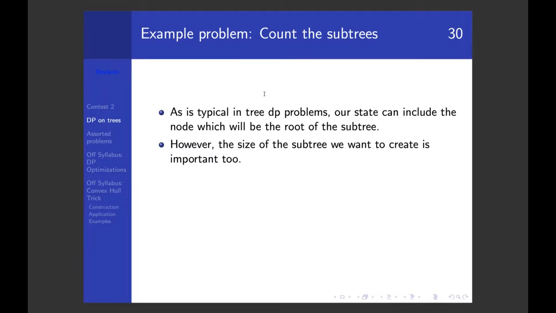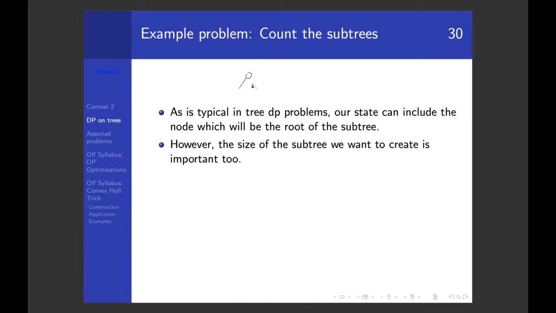If we're at a node and we want a subtree of size 3, that's obviously going to be a different answer than if we're at a node and we want a subtree of size 4. And so it makes sense that our state might include the node we're at and also the subtree size we want to create.